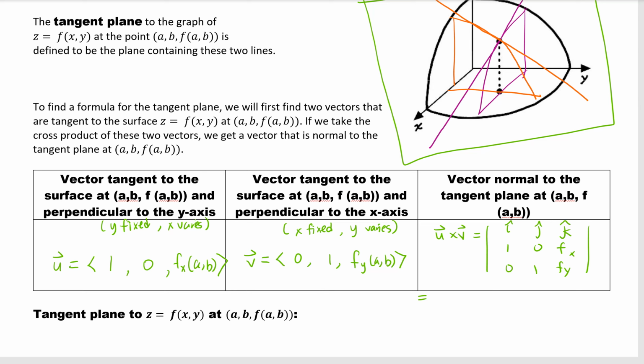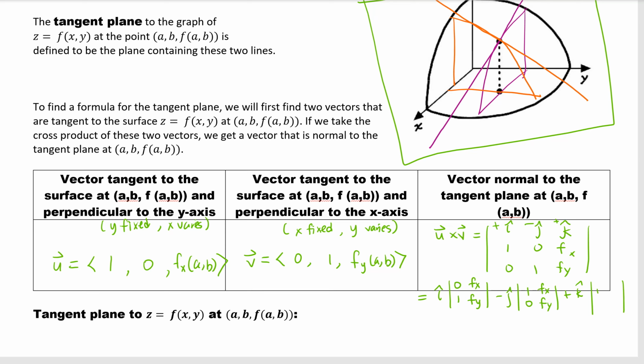So that is i, and then let's look at the minor, which is the determinant of the submatrix 0, 1, fx, fy, and then minus j, and then we have the submatrix 1, 0, fx, fy, and then plus k.